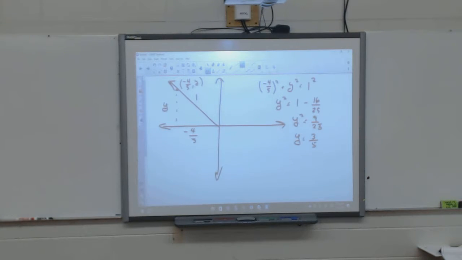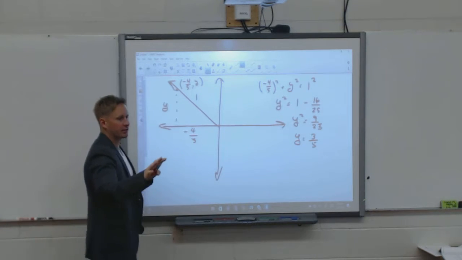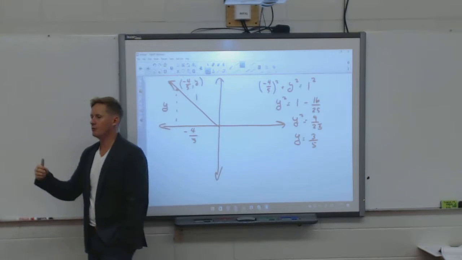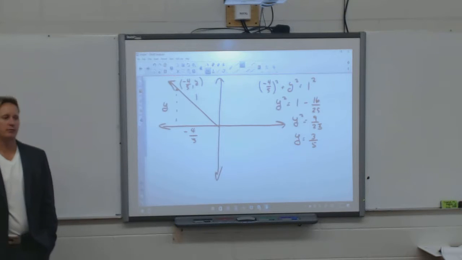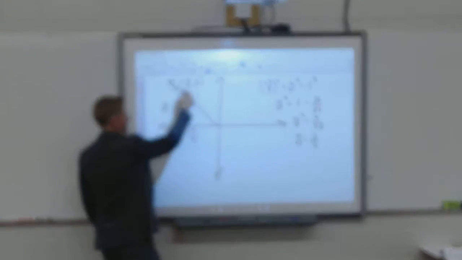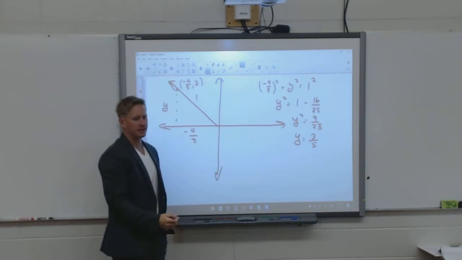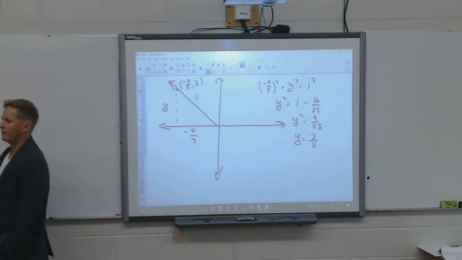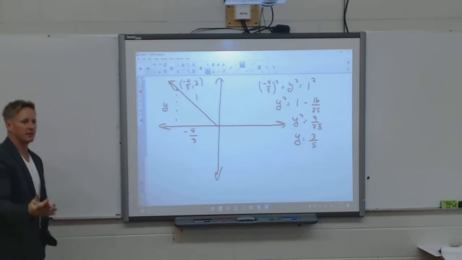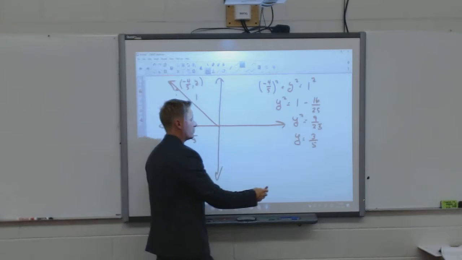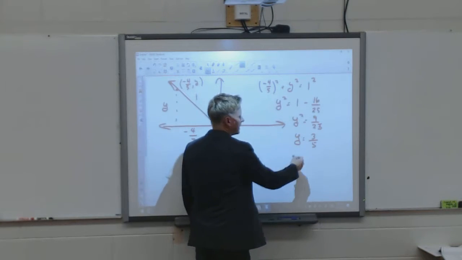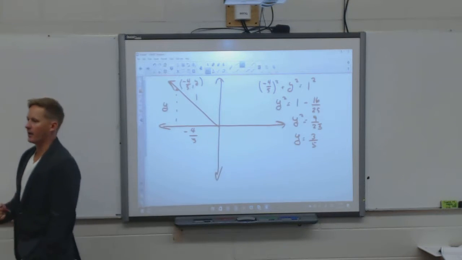Okay? So here's the thing for your exam. This is what you need to know. If you draw the picture, which I suggest you do each time, and you draw it so that we can clearly see that it's in the second quadrant, that means y is positive in that quadrant. So if I don't show the plus minus here, and I just show y is equal to 3/5, I get it right.